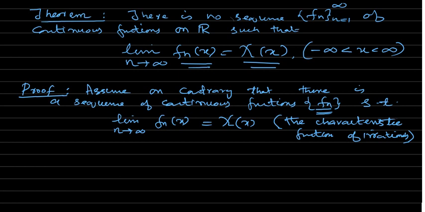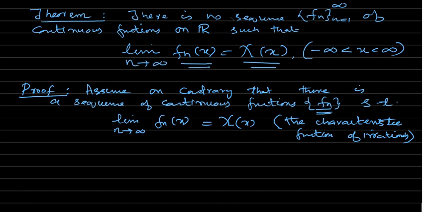If we have two metric spaces X and Y and a function from X into Y, then it is continuous if and only if the inverse image of open sets is open or the inverse image of closed sets is closed. So here fn is a function from R to R, and R is a metric space with respect to the usual metric. It is also a topological space. So fn is continuous means that the inverse image of closed sets is closed.